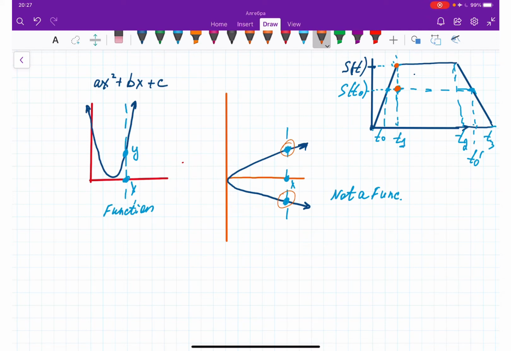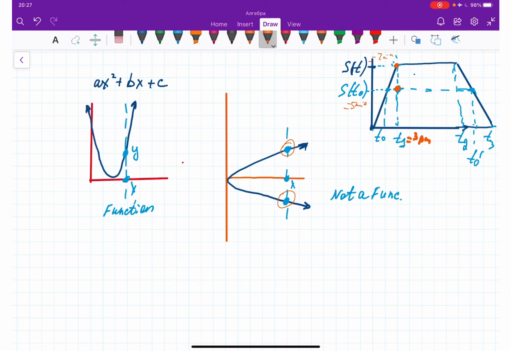Otherwise, we would see that at, let's say, T1 at 3 p.m., S of T0 is equal, for example, to 5 miles, and S of T is equal, let's say, to 7 miles.